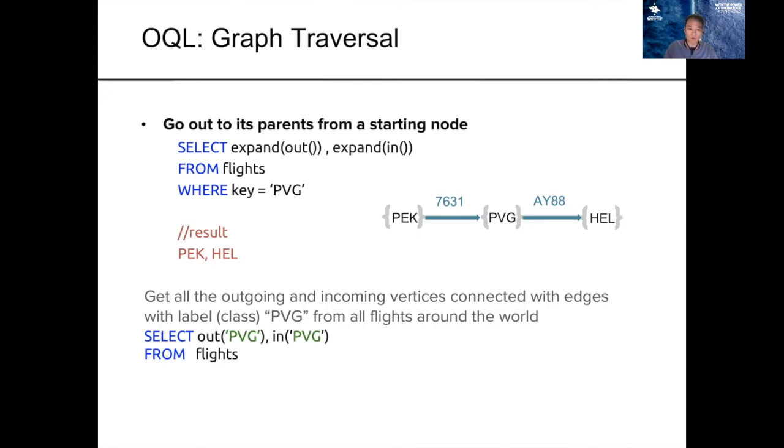If you want to get all of the outgoing and incoming vertices connected by an edge with neighbors from all flights around the world, you just specify a condition in the out or in function, where the condition is Pudong International Airport. So you can find all of the outgoing and incoming airports from the Pudong International Airport.